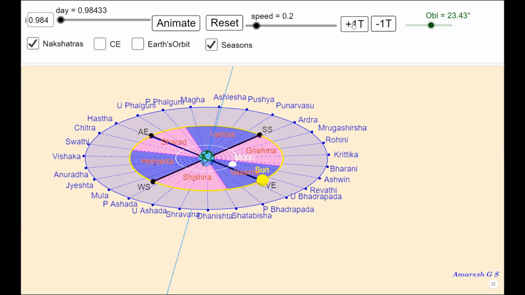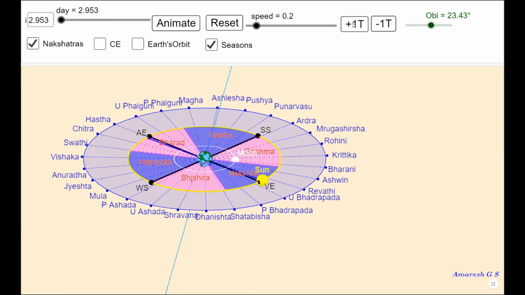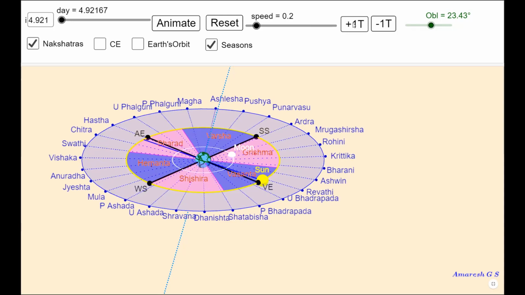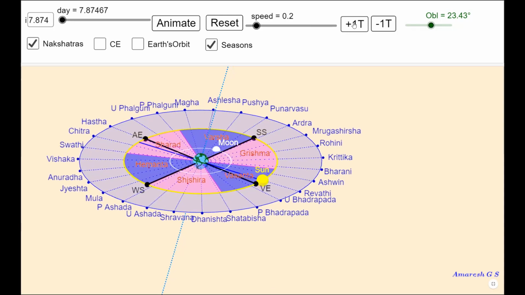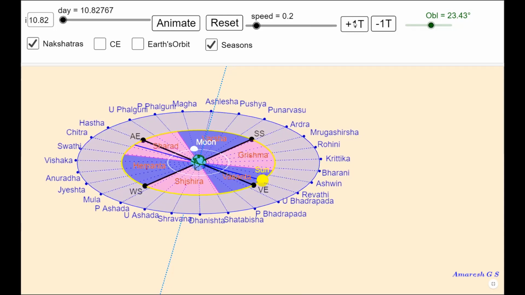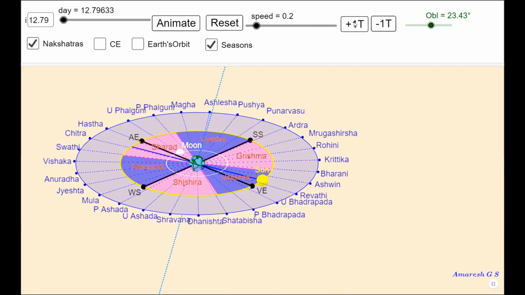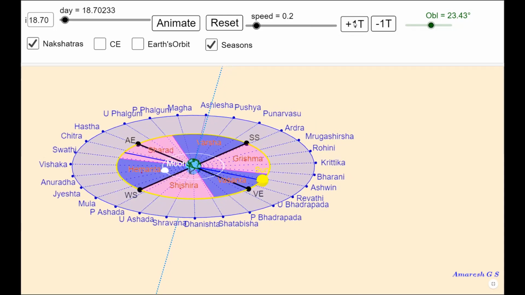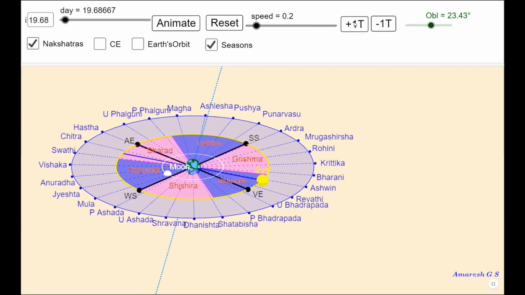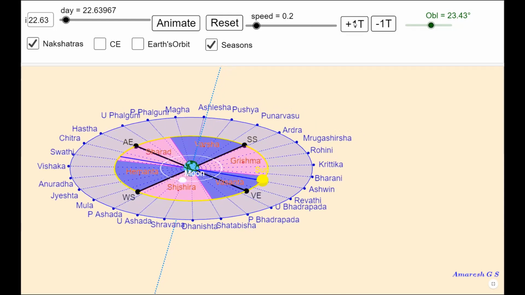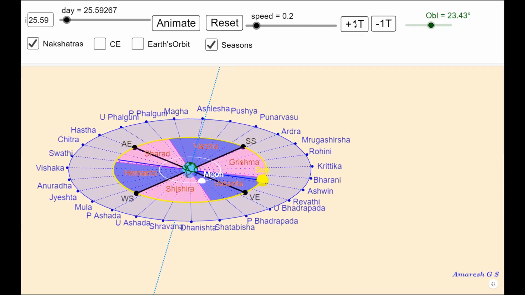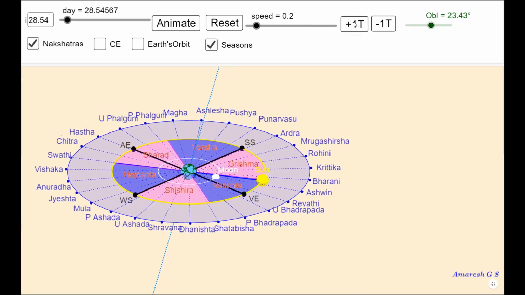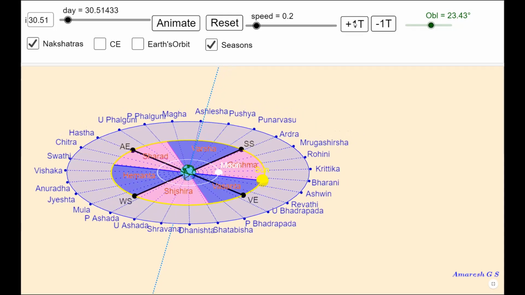Let's start counting the days. This time we will focus on the sun. 1, 2, 3, and so on up to 30.